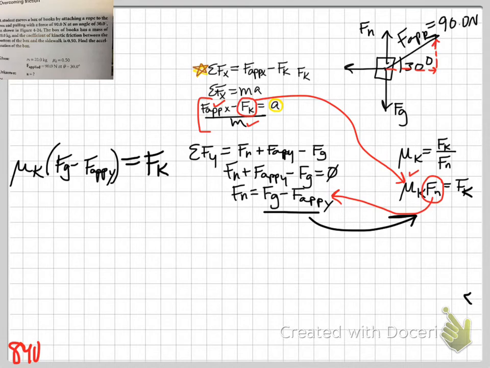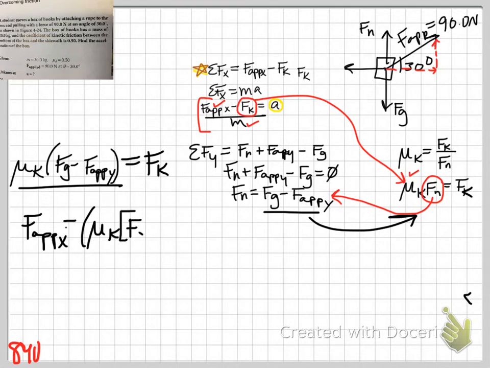Okay. So now I have an expression for fk. All right, I can take that and stick it into f applied x minus mu k fg f applied y equals fk. Cool.